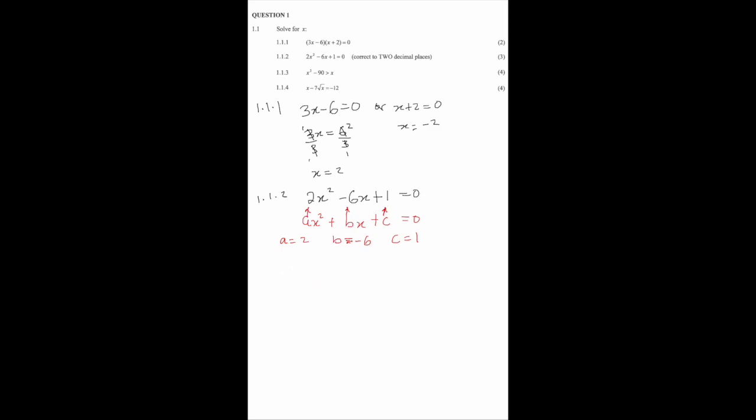So we know that the formula says that x is equal to negative b, plus or minus the square root of b squared minus 4ac, and all of this over 2a.